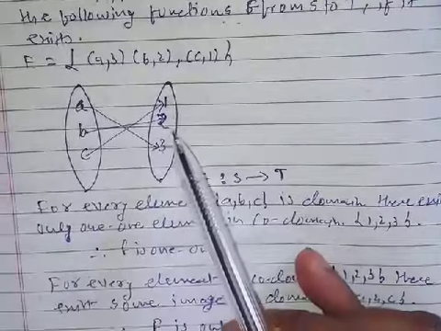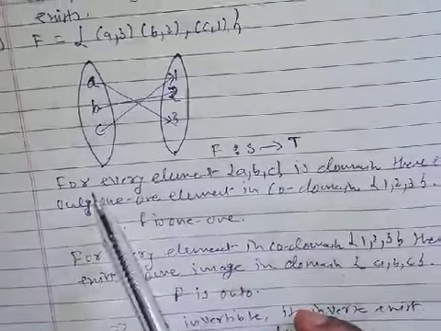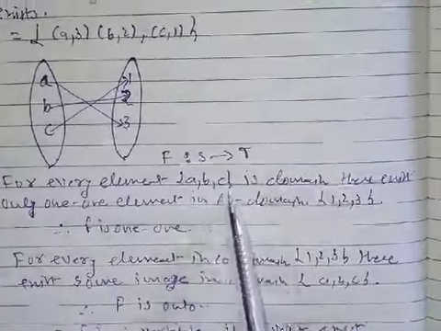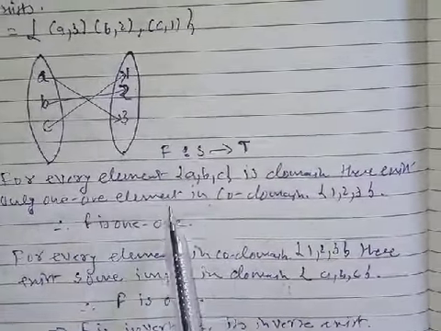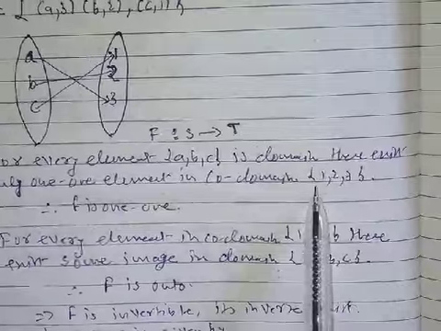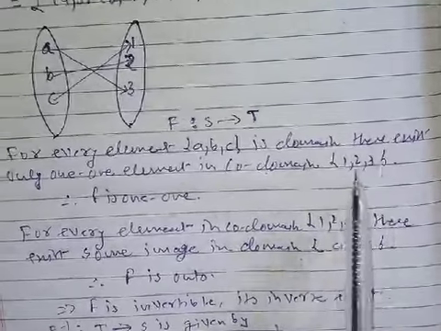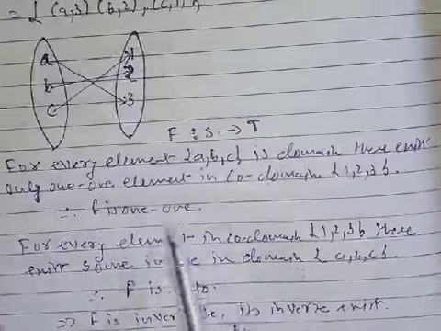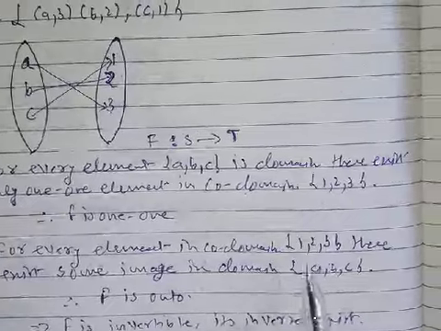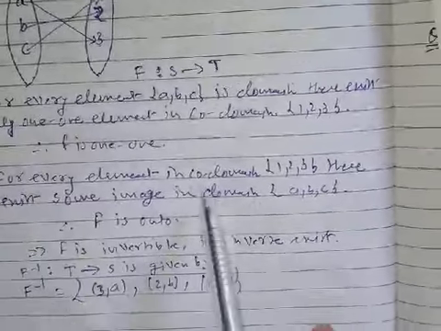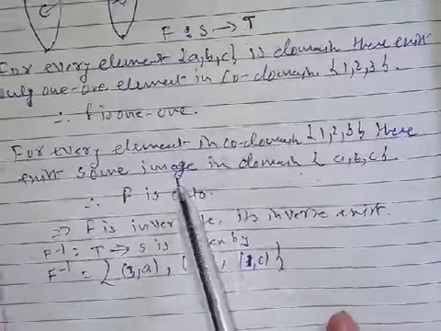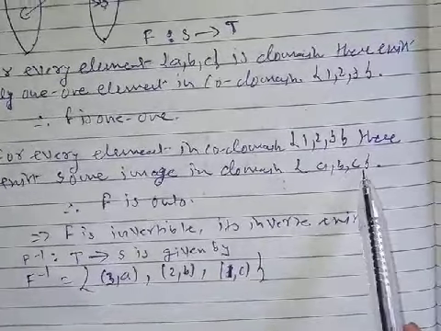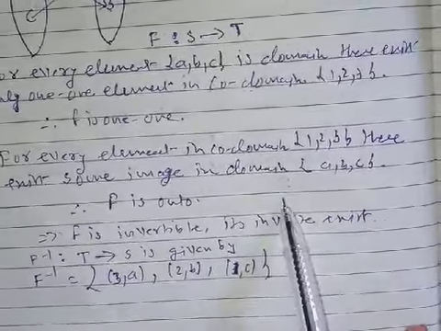For every element in the codomain 1, 2, 3 there exists some element in domain A, B, C. So F is one-one and onto. Therefore F is an onto function.